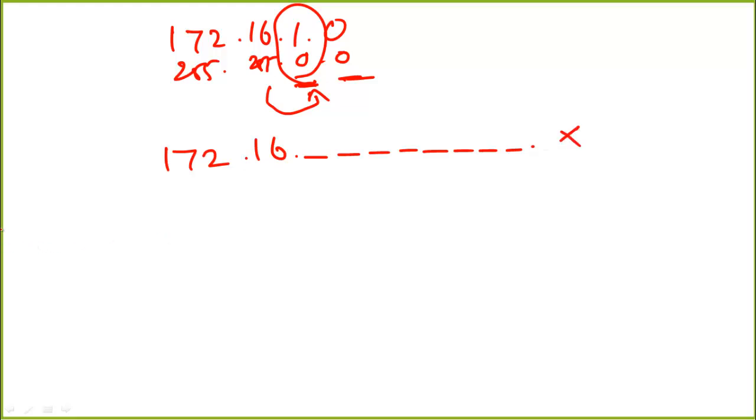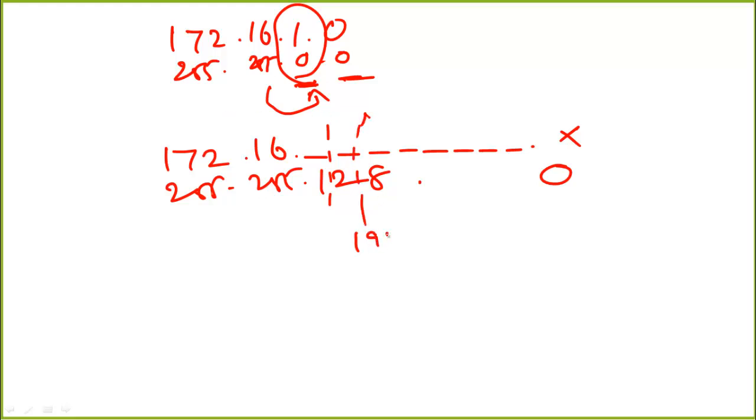And I know that the subnet mask is 255.255, and if I borrow one bit from here, then my subnet mask will become 128.0, and if I borrow 2 bits, then it will become 192. Likewise, it goes on. This is how you will do the subnetting for different classes, depending upon the number of IP addresses that is required.